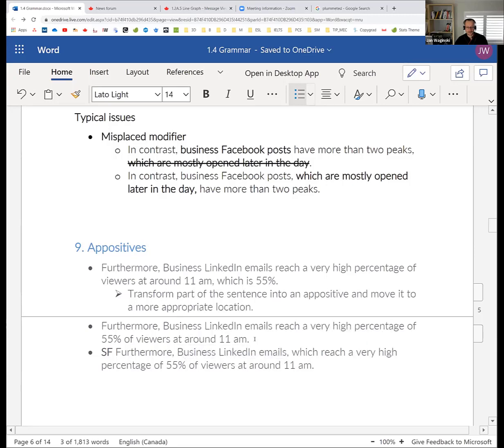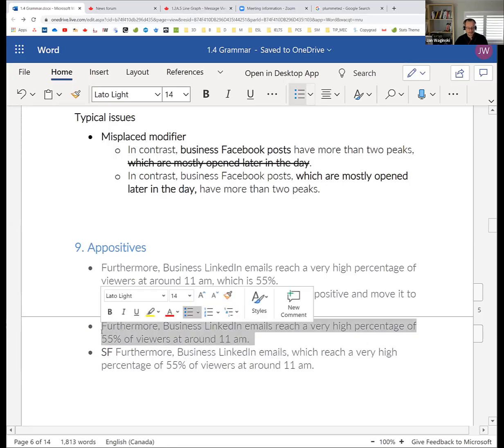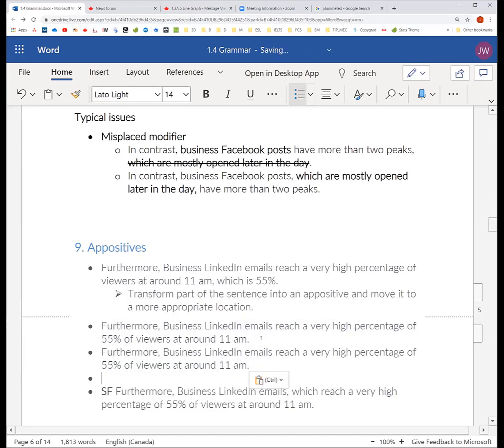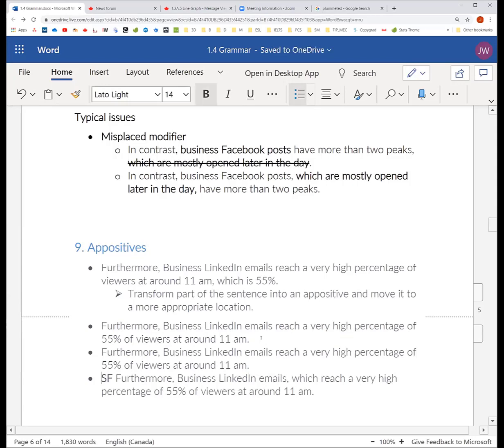Okay. So let's go back to this one. This is an improvement over the original. For Rama's sentence, where is the appositive? So there's more than one way to fix this. Yes, she has improved it, but there's no appositive yet.